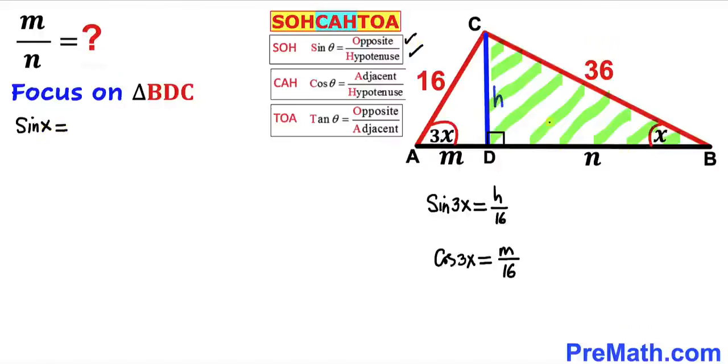Our opposite is h and the hypotenuse is 36, so I can write h divided by 36. Cosine of x is adjacent divided by hypotenuse. Our adjacent is lowercase n and the hypotenuse is 36, so I can write n divided by 36.